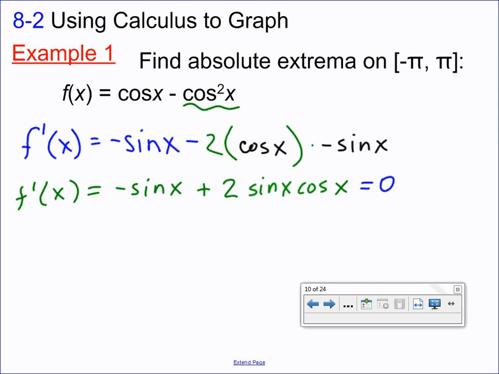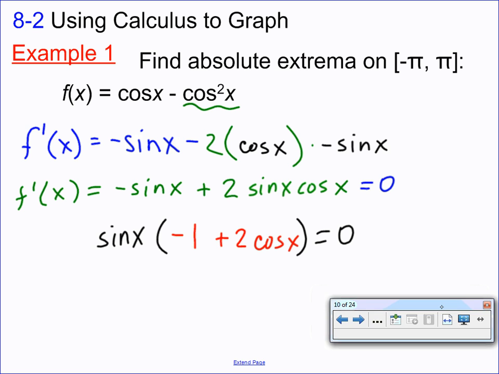I'm going to factor out a GCF that looks like sine of x. Is sine of x the greatest common factor? So I'll factor out a sine of x from each term. And that would leave me, inside the parentheses, with negative 1 plus 2 cosine of x. Is that right?